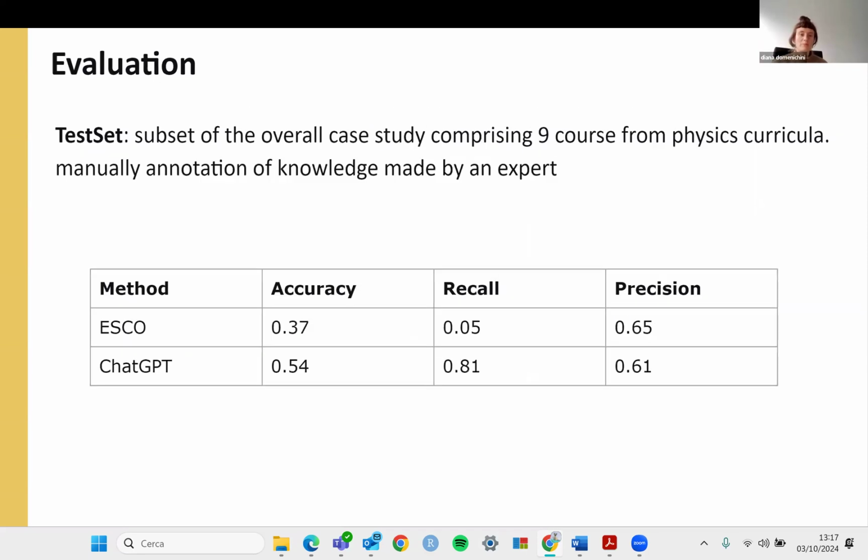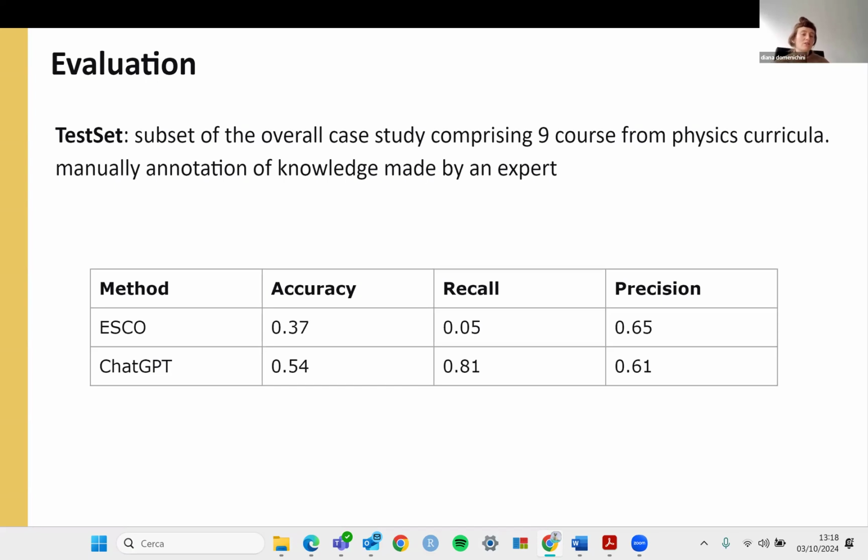And yeah, okay. Next, we evaluate these methods with the test set. We see that the accuracy is way higher for the prompt engineering method than for the one from ESCO. And this is again probably because of the level of granularity of ESCO, which has a lower level of detail, while the manual annotation from the expert had a deeper level of detail.